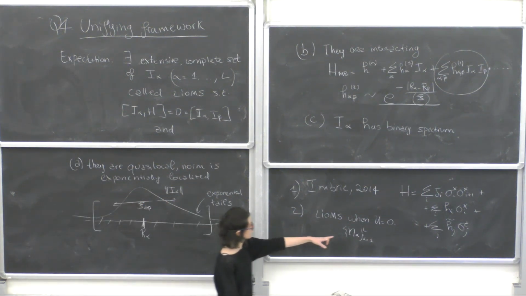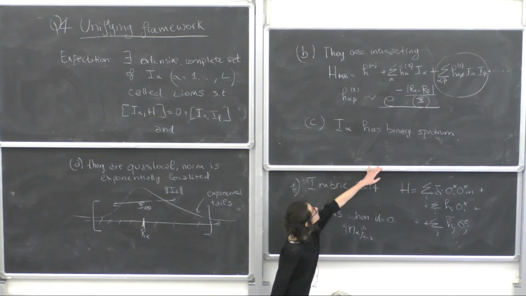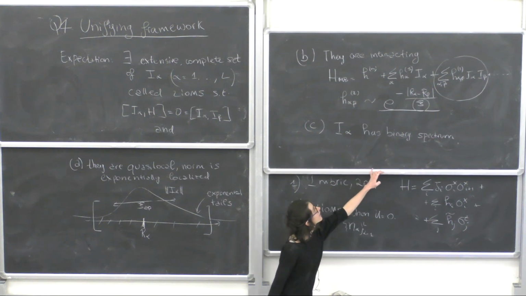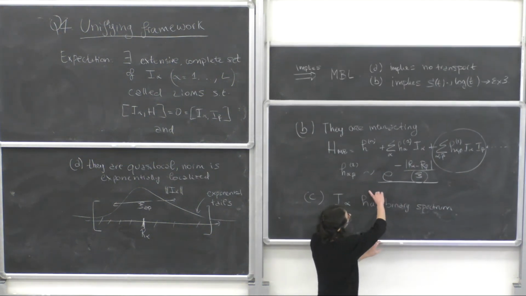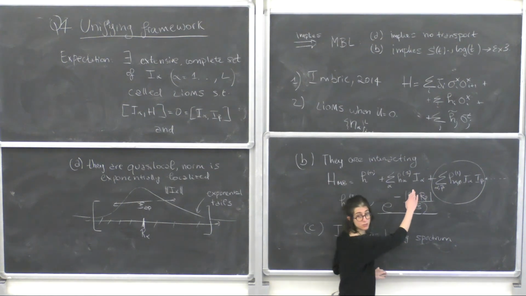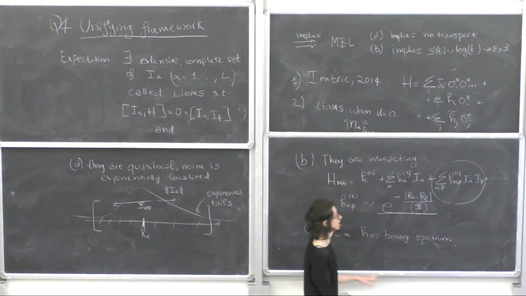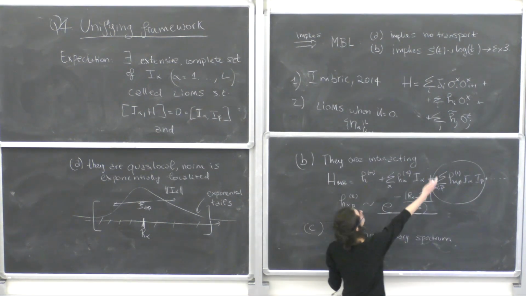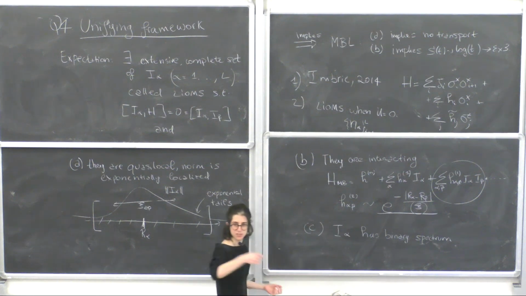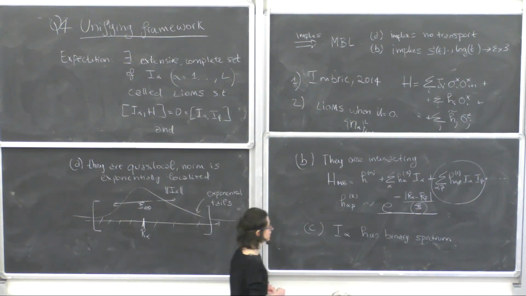This set is obviously complete, so you can write the Hamiltonian as a function of these operators. The only difference is that in the non-interacting case, the function is simply linear, so you don't need to add higher order interactions. This is what, for example, gives you an entanglement which saturates and doesn't keep growing logarithmically.